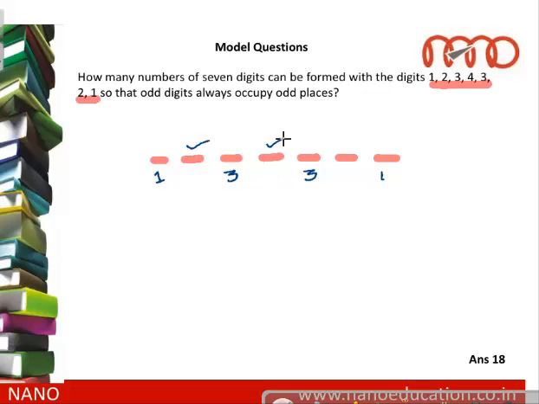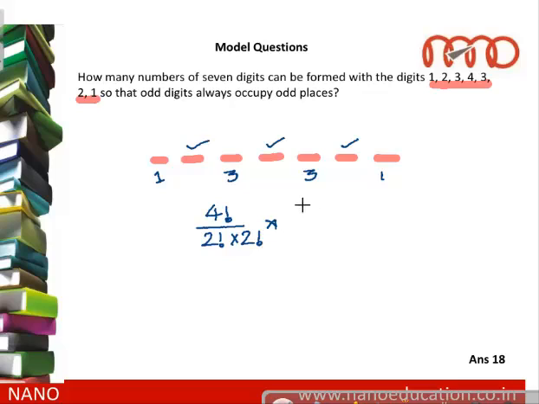even positions. That is, we have to permute 1, 3, 3, 1 in these 4 places, which we can do in 4 factorial ways, of which 2 1s are identical, so divide by 2 factorial, and 2 3s are identical, so divide by 2 factorial.